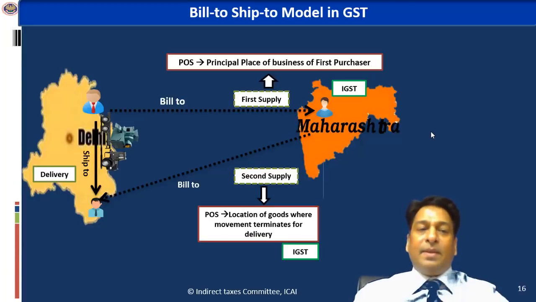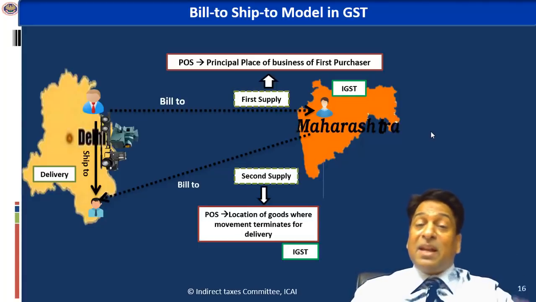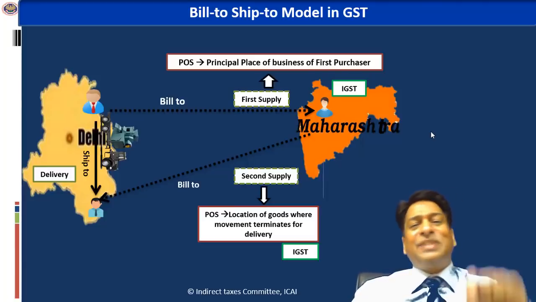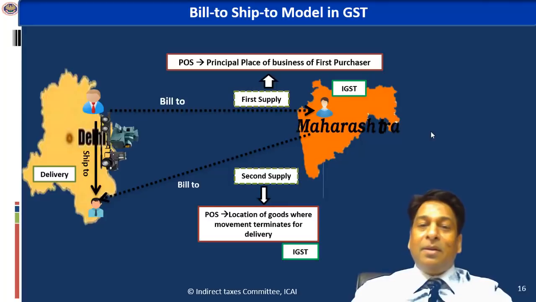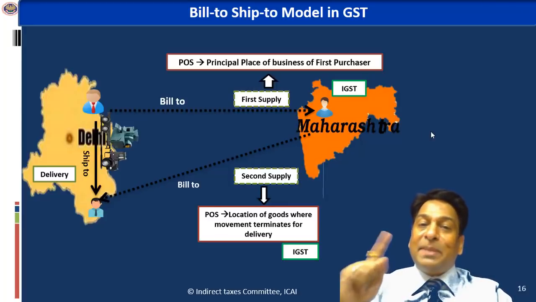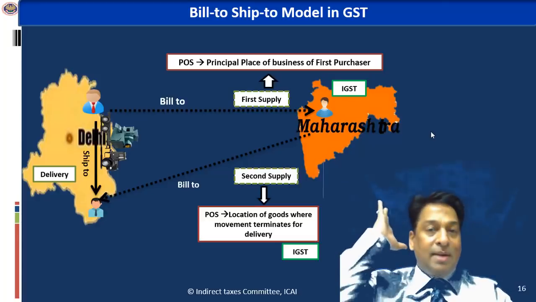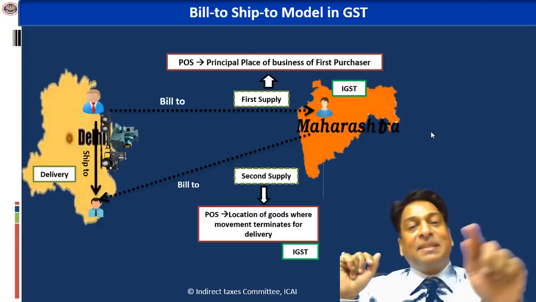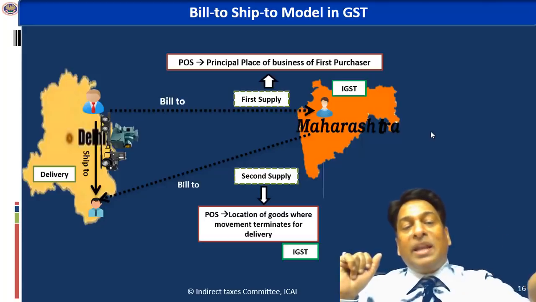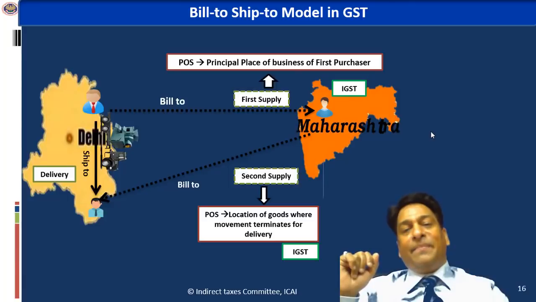Let's say the supplier is located in Delhi. Ultimate customer C is also located in Delhi. But the intermediary, the third person we are referring to, is in the state of Maharashtra. So what happened? B, the intermediary, asks supplier A to deliver the goods to a customer in Delhi.